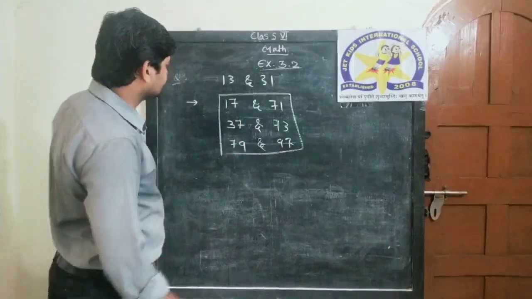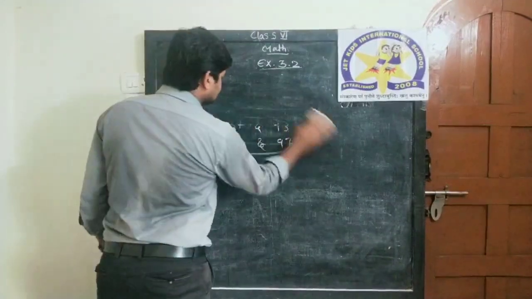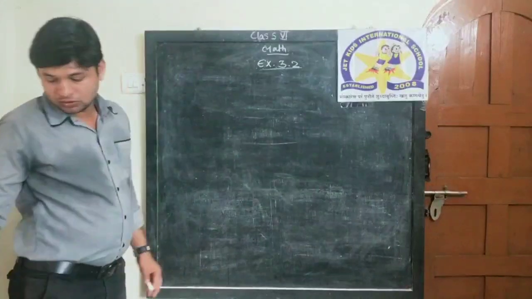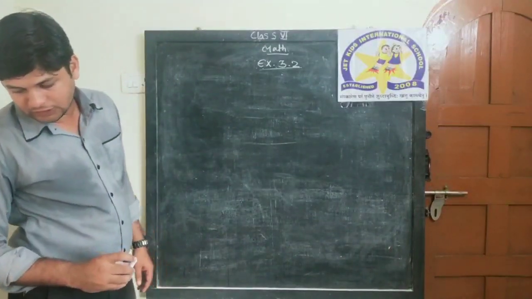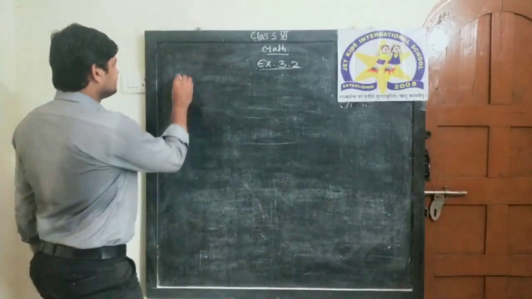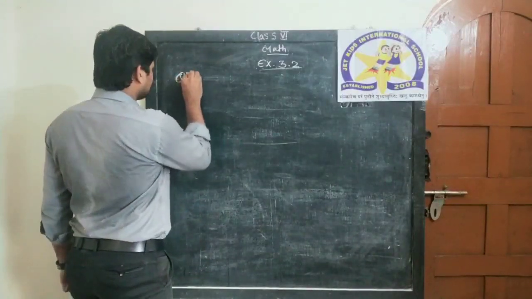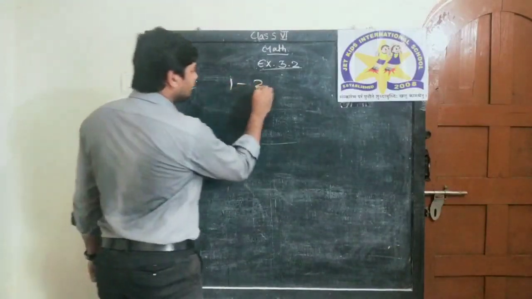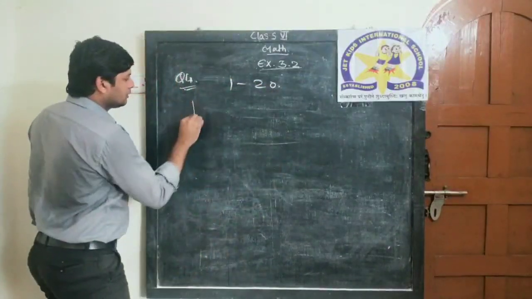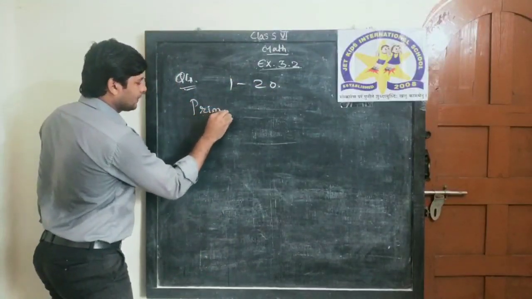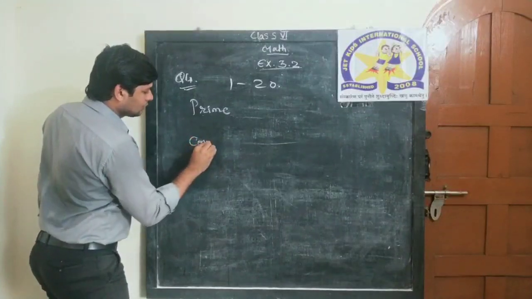You will find this thing. Question number 4, write down separately the prime and composite numbers, 1 to 20. Clear?